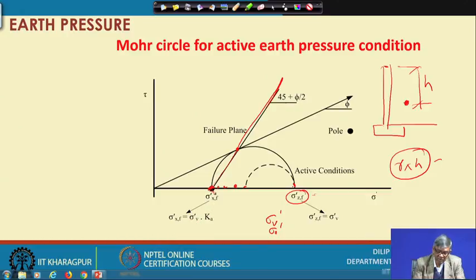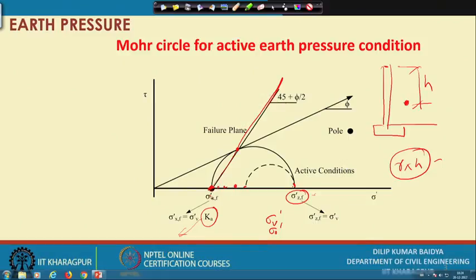So, this value will be whatever sigma v dash we had there, multiplied by Ka. Ka is the active earth pressure coefficient. Like at rest there was K naught, similarly the active earth pressure coefficient Ka is there, and you have to find that out.